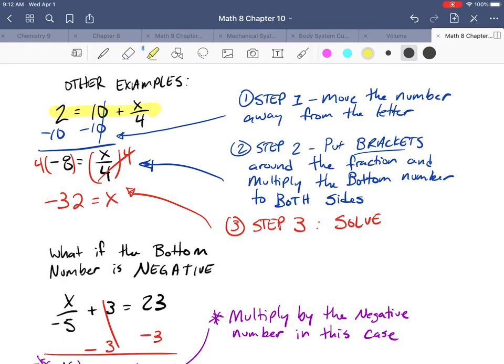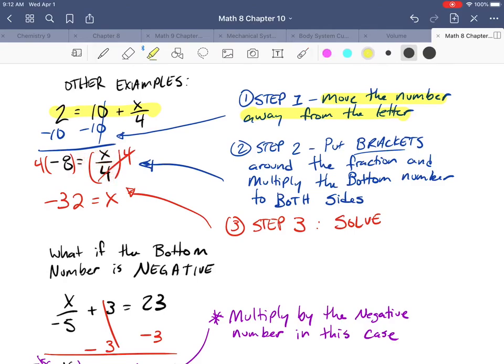Again, we have the scenario where the 2 is on the other side of the equal sign. It's kind of like, we go 2 equals 10 plus x divided by 4. Okay, same step, move the number away from the letter by adding or subtracting. So guess what, guys? 10 is positive. I need to minus 10 from this side and minus 10 from this side. And so what we do is we get negative 8 over here equals x over 4.